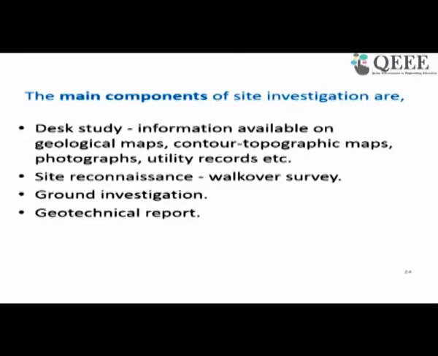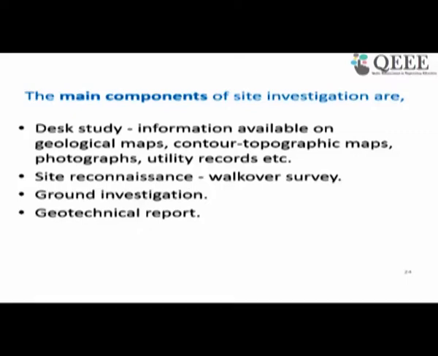And what exactly we follow, what steps we follow during the site investigation. There are four components involved. First is just gather all the information from various maps, details, all those data, existing available data, reports, and we call that a desk study, which discusses the available information.